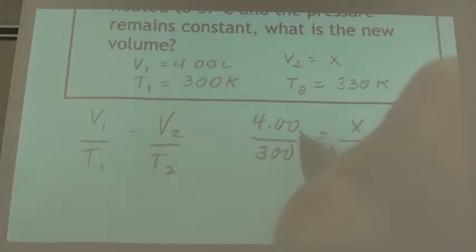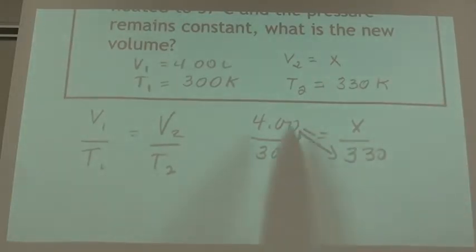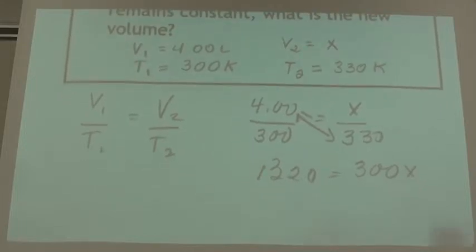This is a cross multiply problem. 4.00 times 330 is 1,320, and 300x is our other side. I want x to be all by itself, so I'm going to divide both sides by 300.